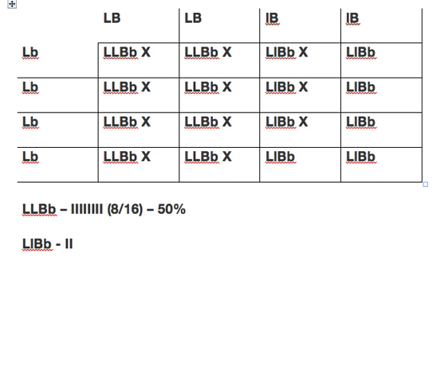And go ahead and count all of the ones that have big L, big B, little b. This entire row should. And if you look here, this entire row also has big L, big B, little b. This entire row is heterozygous for both traits. So I need to put 4 more tally marks down here.